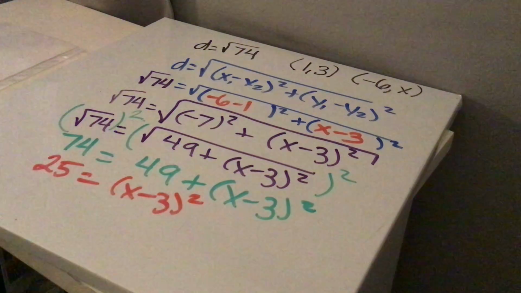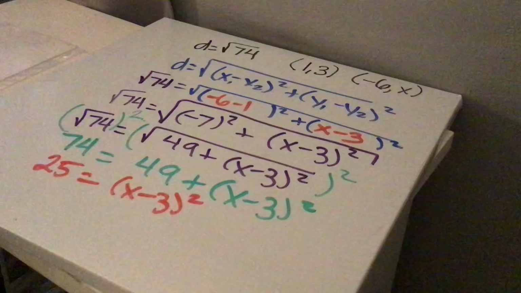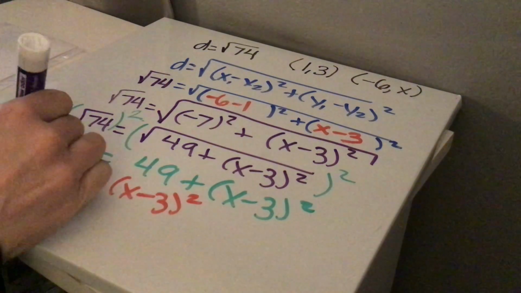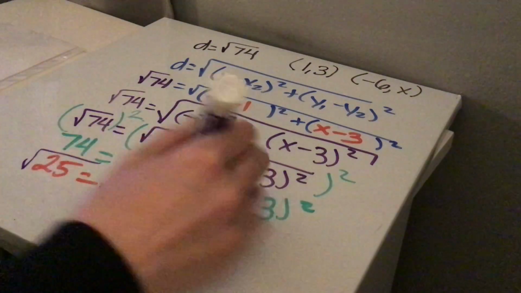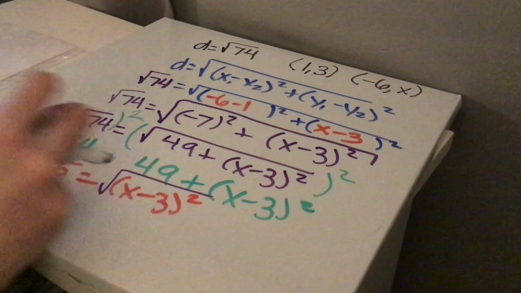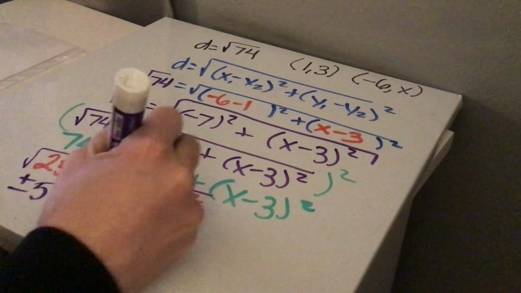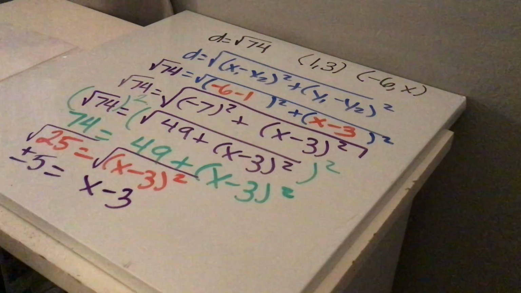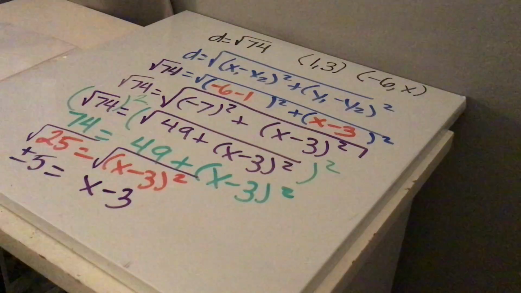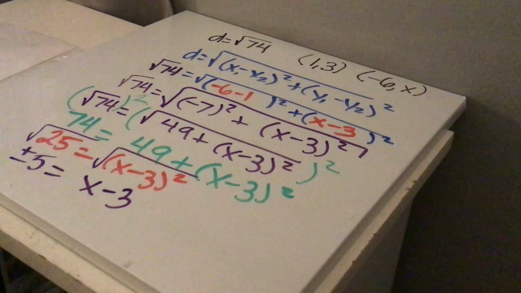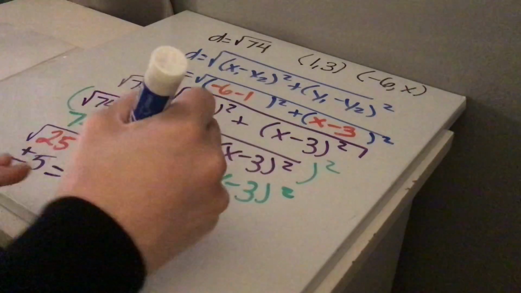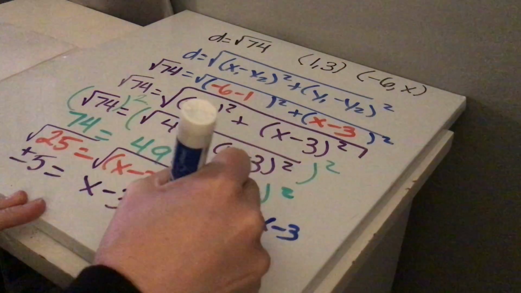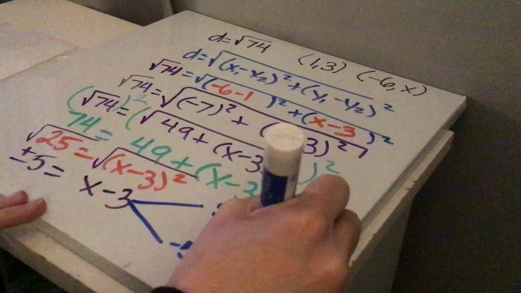To undo squaring something, take the square root. So square root of 25 is plus or minus 5. Do not forget that plus or minus 5. And the square root of x minus 3 squared is x minus 3. Then you have two possibilities here. You have to remember to split it, because it could be 5 equals x minus 3, or it could be negative 5 equals x minus 3.